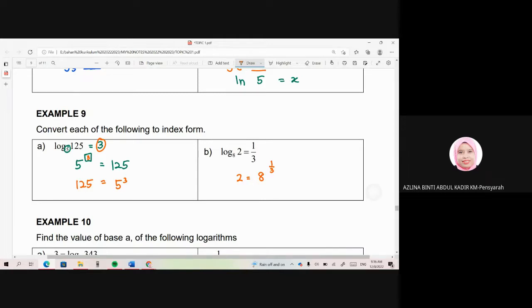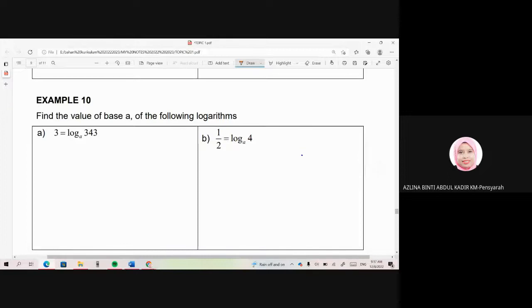Alright. Find values of base A of the following logarithm. 3 is equals to log 343 base A. So from log base A, change to index form, it still becomes the base in index form. That means A cube is equals to 343. So now you check calculator.